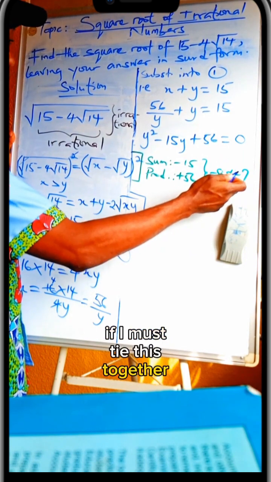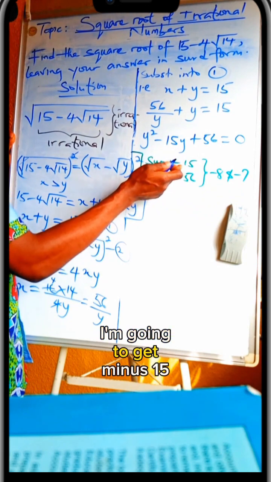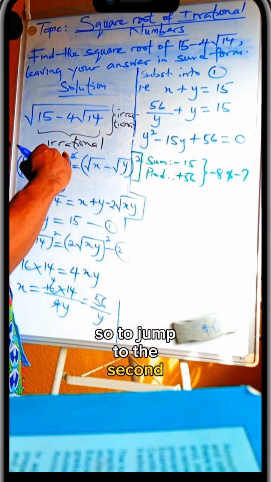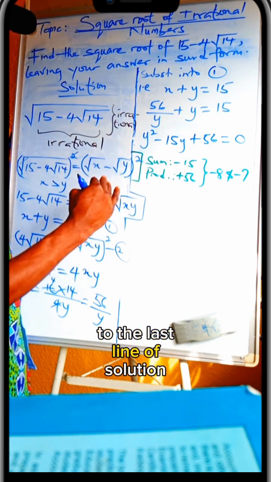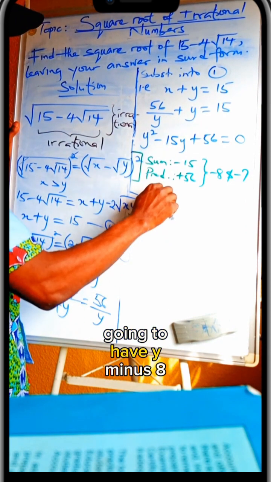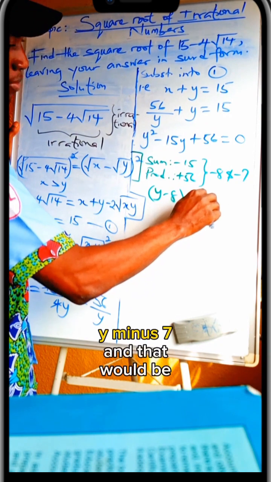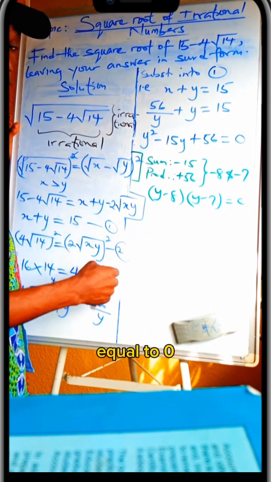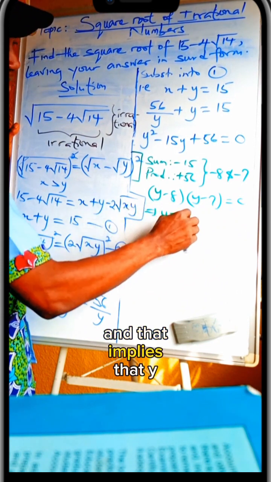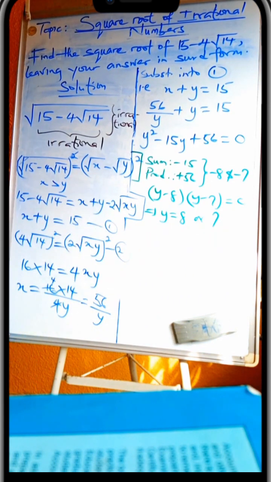If I multiply these together, I'm going to get plus 56, and when I add them together, I'm going to get minus 15. So to jump to the last line of solution, when we solve this quadratic equation, I'm going to have y minus 8 into brackets y minus 7, and that will be equal to 0. So I can say that y equals what? And that implies that y equals 8 or 7.